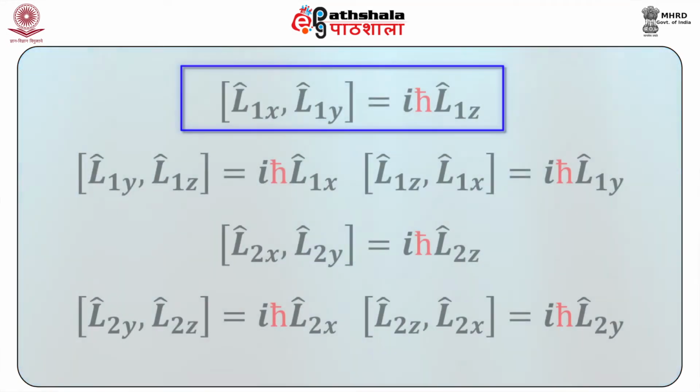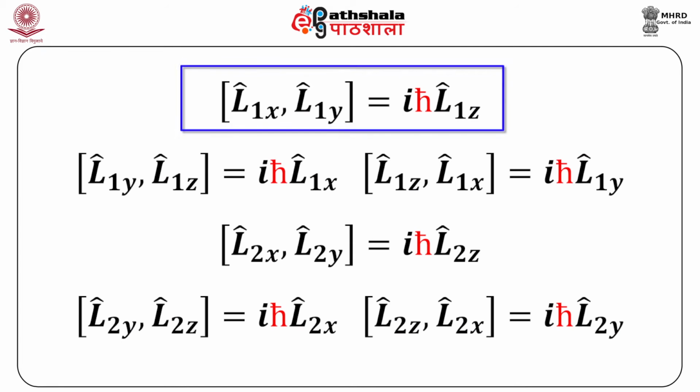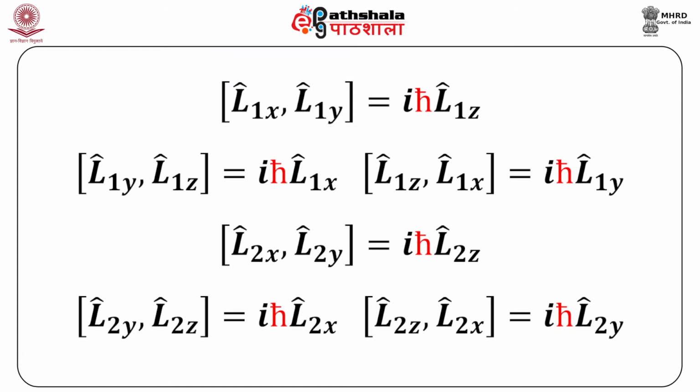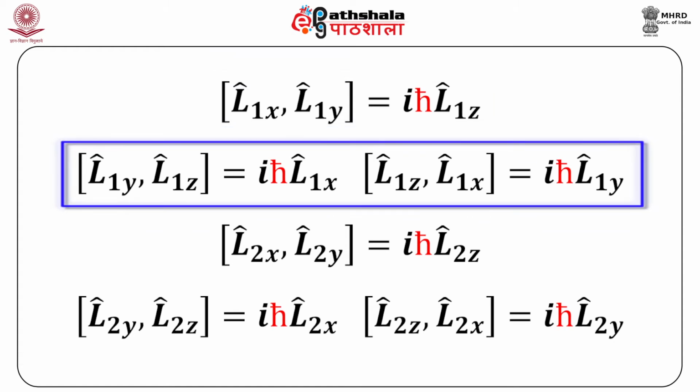The commutation relations so derived earlier for one electron system very much hold true for L1 and L2 components as well, and over here we find that L1x, L1y do not commute and the commutator comes out to be iota h cross L1z. Similarly, the commutation of L1y and L1z gives commutator as iota h cross L1x.